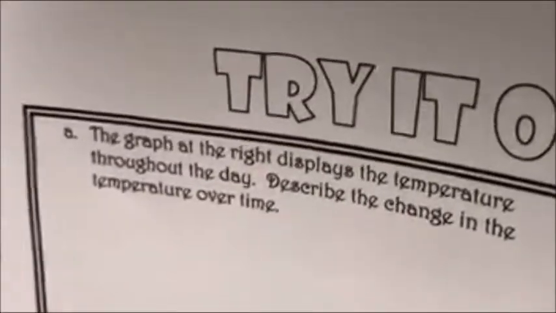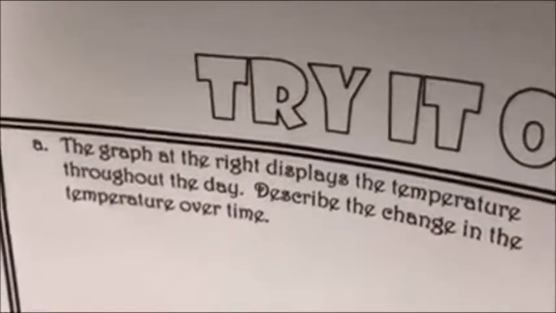On page 107, you're gluing in the try it out problems, A, B, and C. A says the graph at the right displays the temperature. Page 108, you're going to leave blank. And then on page 109, you're going to glue in your math menu.